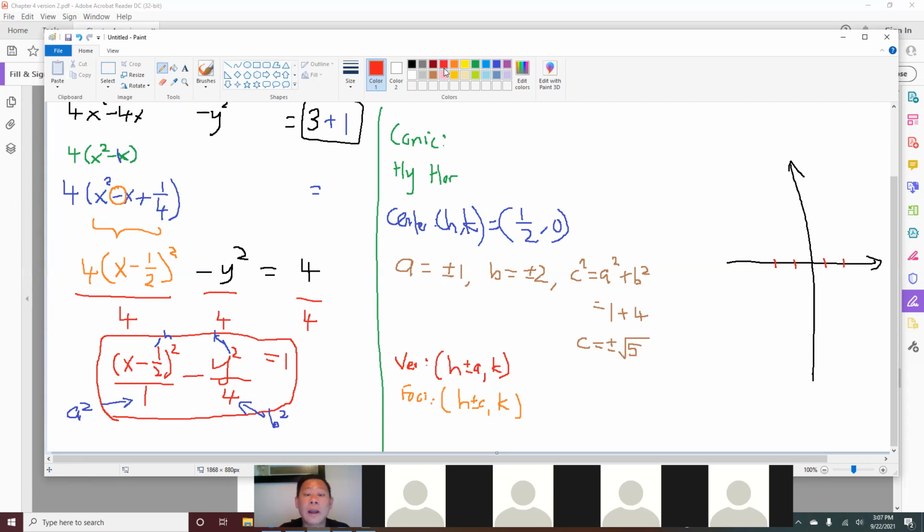So let's look at your vertices here. H in this case is 1/2 plus minus 1 because A is 1, 0. Now again, do not leave your answer like this because you can actually add them up. So 1/2 plus 1 and 1/2 minus 1. So 1/2 plus 1 is 3/2, 0.